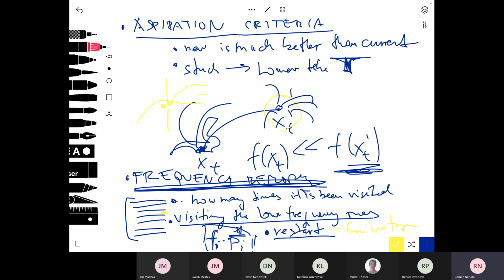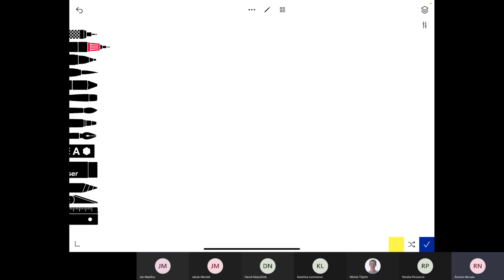So that's pretty much it. Let's summarize it somehow. We have a search that's generally local search.